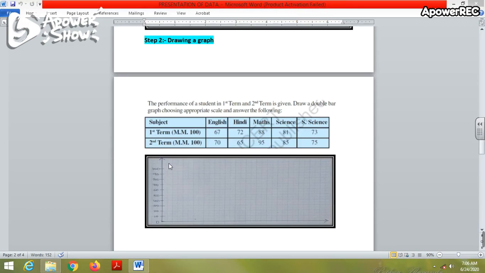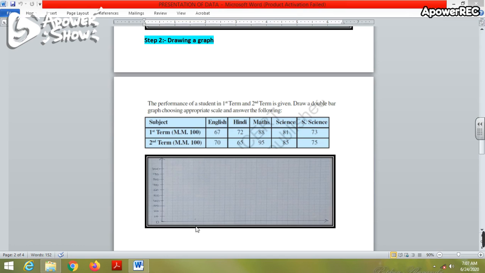So the first step is to draw the vertical and horizontal lines intersecting at point O. This is the point where these two lines intersect. After drawing the lines, we have to decide which line is going to represent which information.